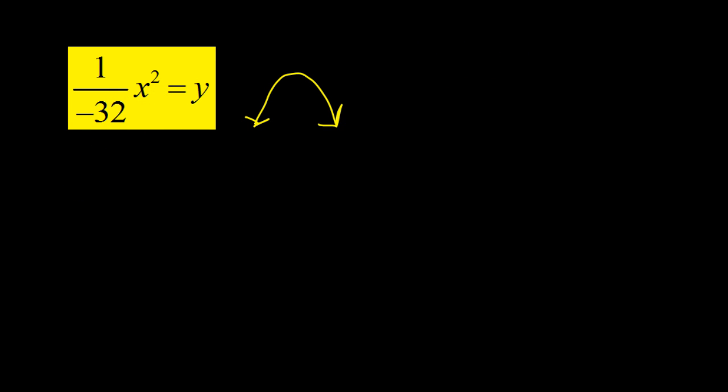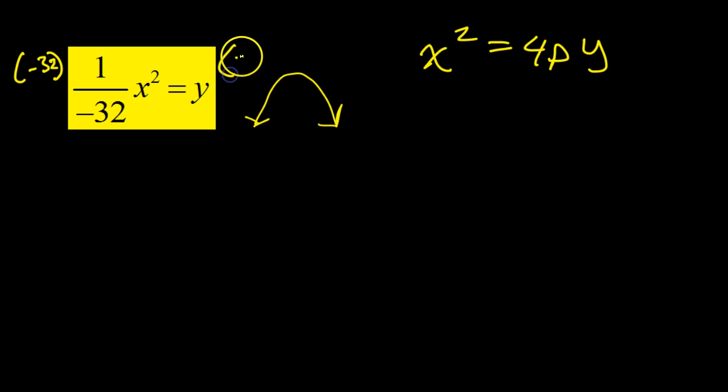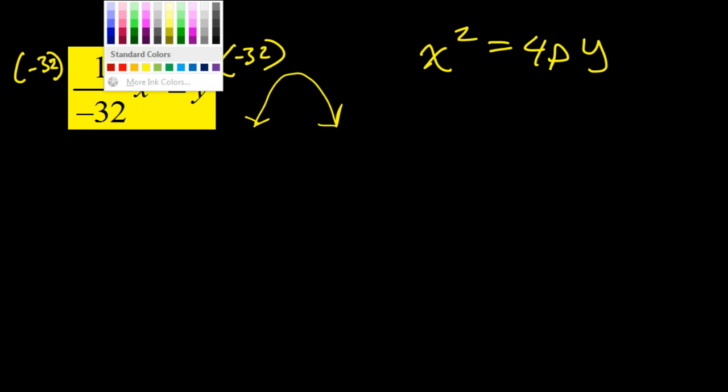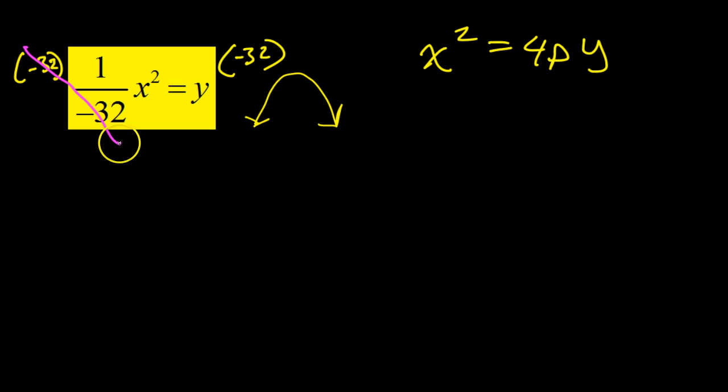We're used to having it written more this way, of having x squared is equal to 4p and then y. So let's get rid of this -32 fraction by multiplying by -32 on both sides. That way these are going to cancel each other out. And that's going to leave x squared is equal to -32y.